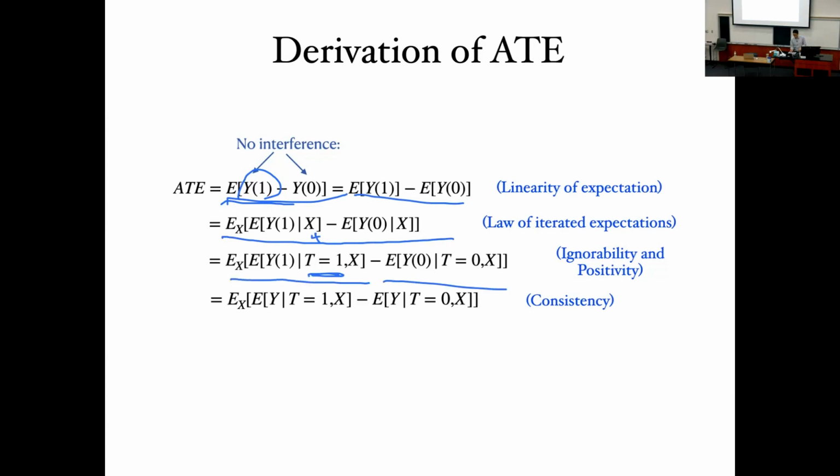Then we can consider the two groups. In the first group, T is 1, and in the second group, T is 0. By the way, we are doing this because if you really have randomized controlled experiments, then we don't have to go so far.